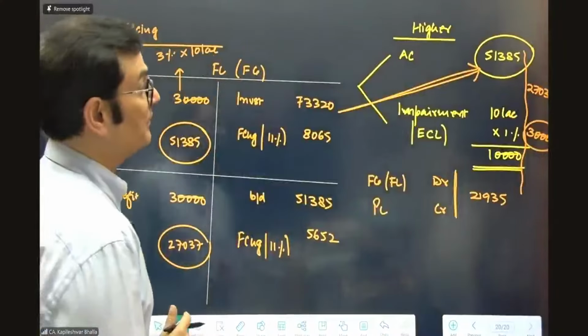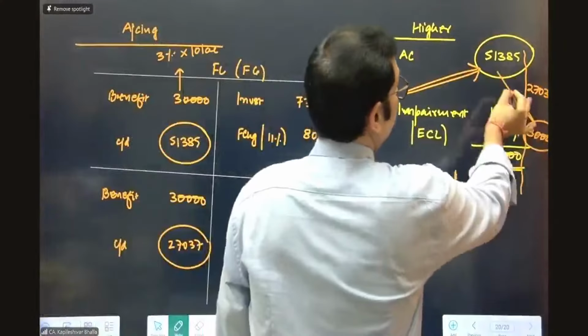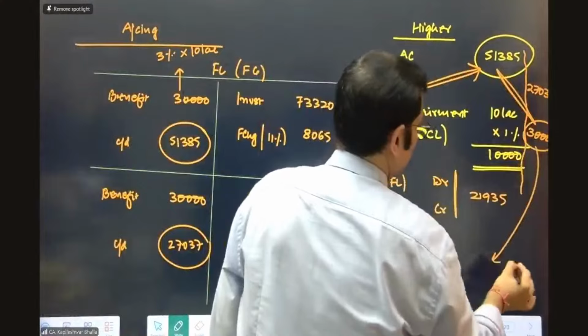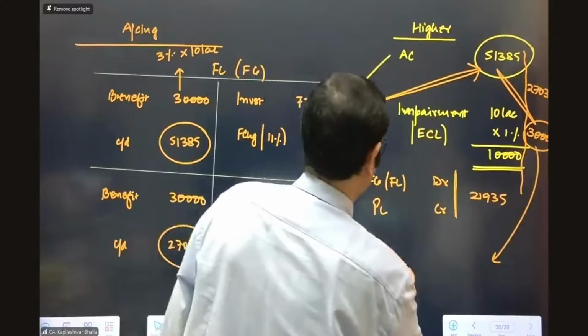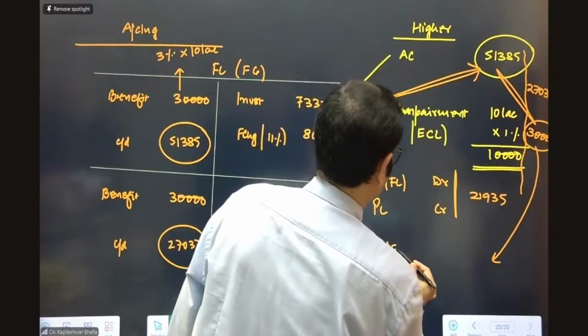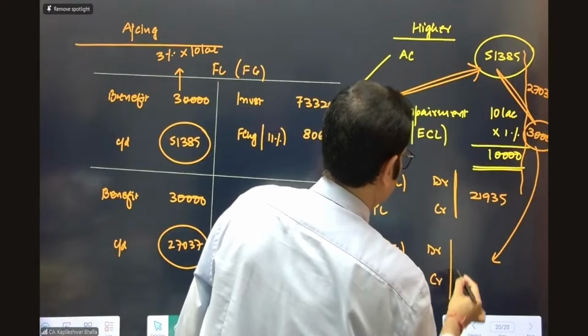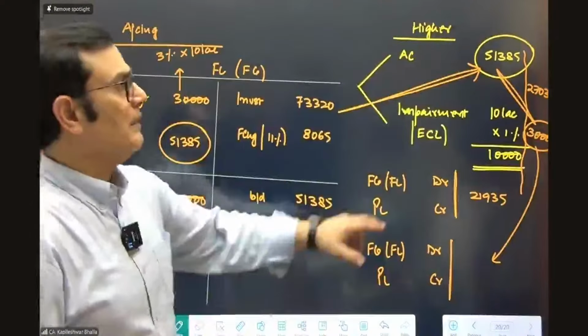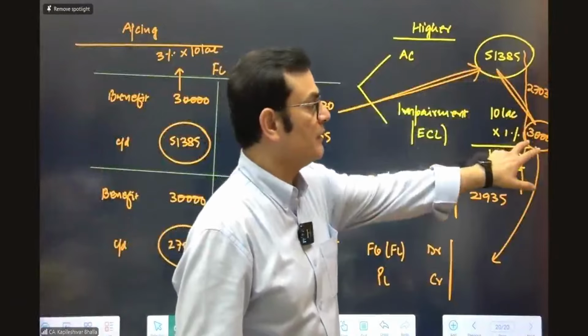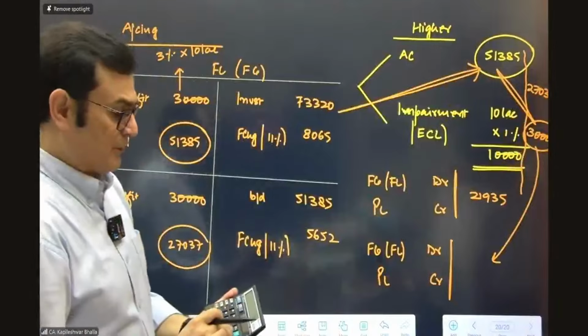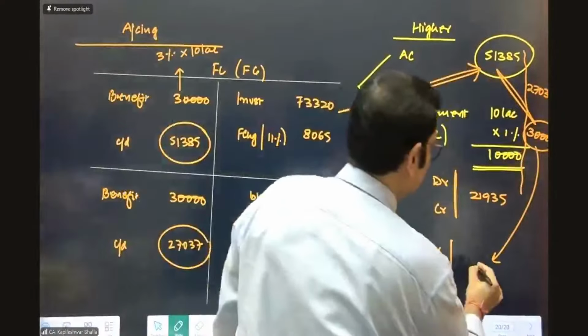So now you need to compare these two figures. So the entry is a reduction. Again, financial guarantee. That is, financial liability gets a debit and the P&L gets a credit. So now you need to bring this value down to 30,000. So the difference is 21,385.